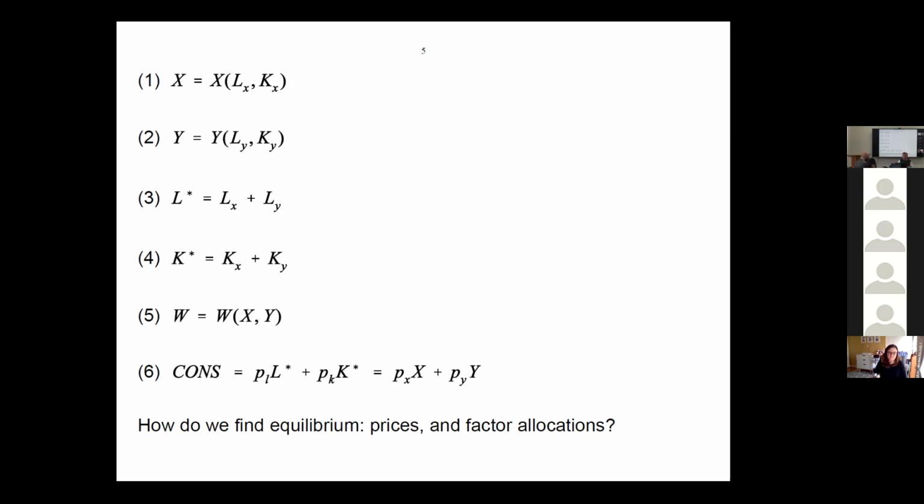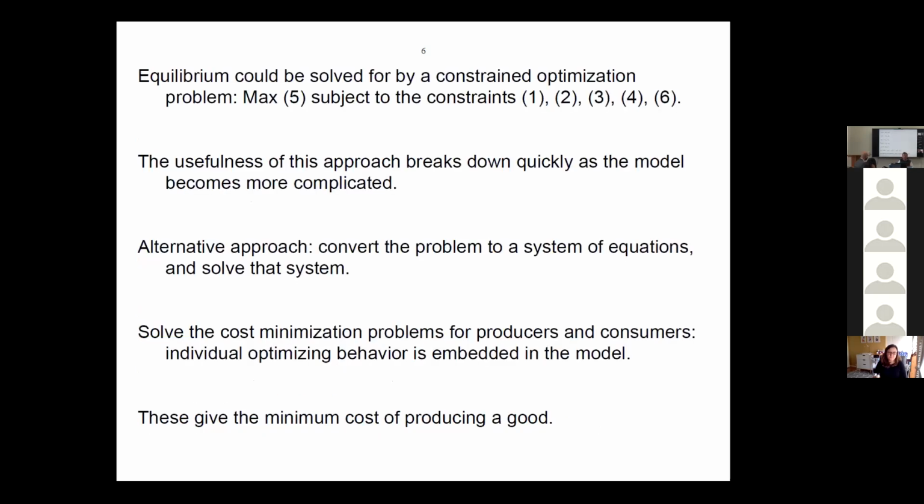So to get to an economic equilibrium, you have to embody behavior, you have to embody optimization. This is such a simple model, you could treat it as a constrained optimization problem, maximizing the utility function subject to the other equations as constraints, and it would actually work in such a simple case. But past a simple case, it breaks down very quickly.